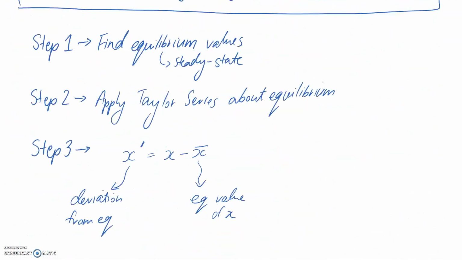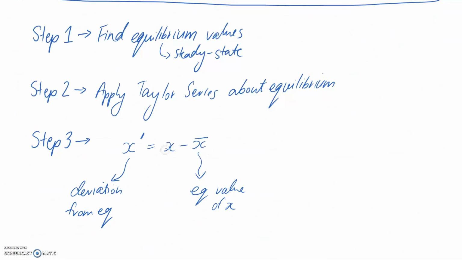So essentially, the x minus x0 is the same as this x minus x bar, so we can just directly replace it with this x dash variable instead. And when you write it in terms of this x dash variable, you end up with a linear equation that you can then apply Laplace transforms to make it into a transfer function, and then just apply your regular rules, techniques, concepts, whatever, as normal.